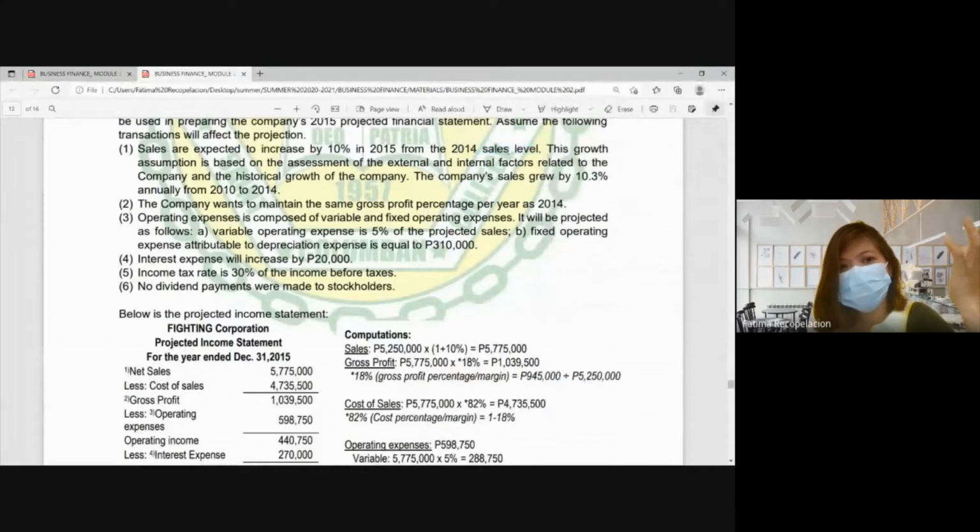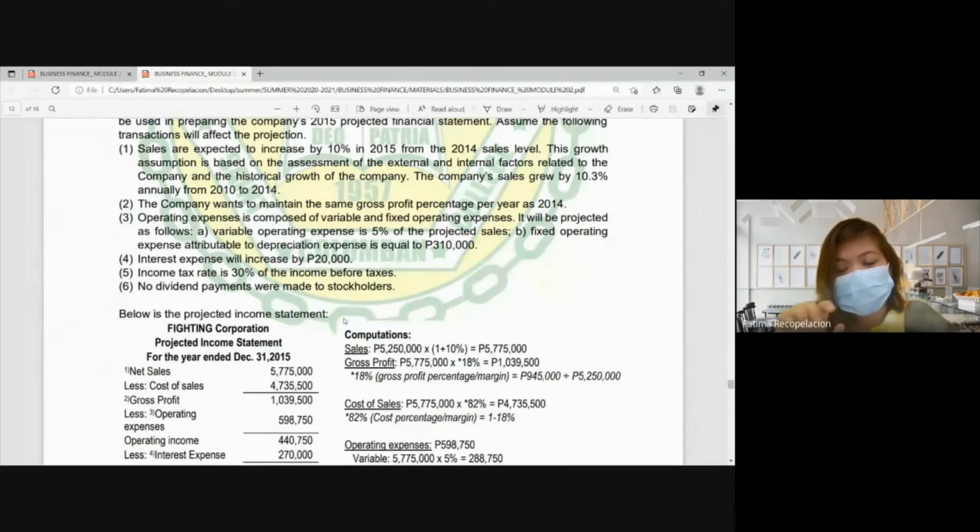So from that information itself, you will now have an idea how much the next sales amount is. Okay? Gibase diri sa assumption ang 10% because it is based on the assessment of the external and internal factors, related to historical growth of the company. Hence, their assumption is a 10% increase in their sales by the next year.